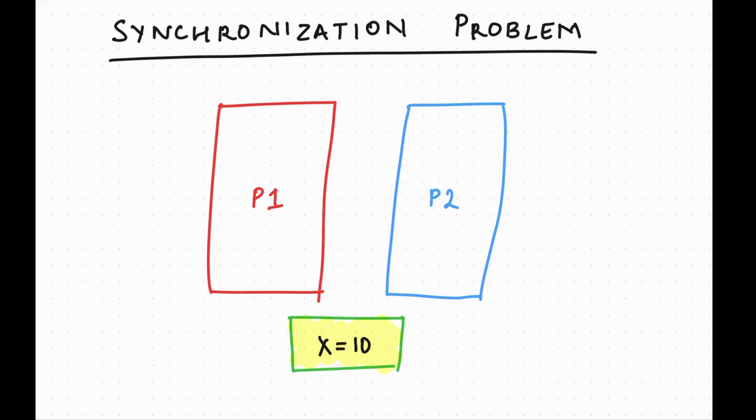Shared memory is extremely fast, but speed introduces risk. When multiple processes read and write the same memory at the same time, race conditions can occur. Instructions from different processes may interleave in unpredictable ways, leading to lost updates or inconsistent data.